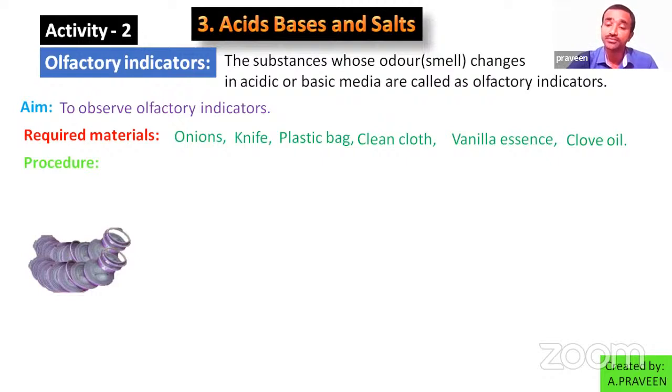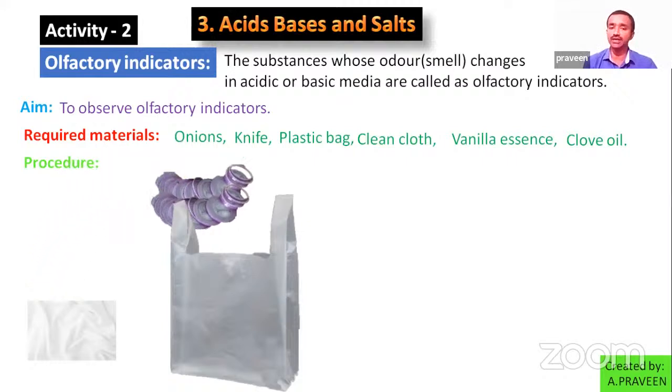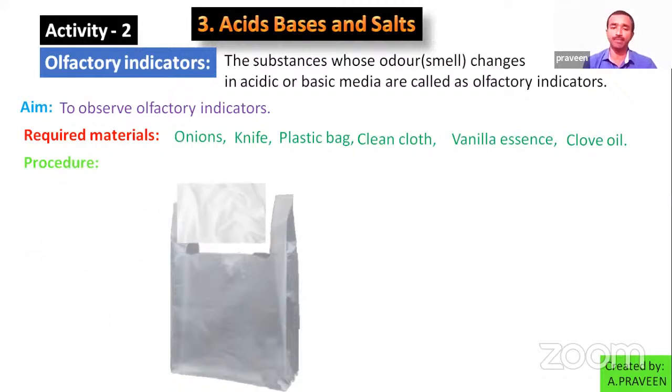Then take the finely chopped onions and the fresh, clean cloth you have taken, and take a polythene bag. Keep the finely chopped onions and the fresh clean cloth together in the polythene bag.